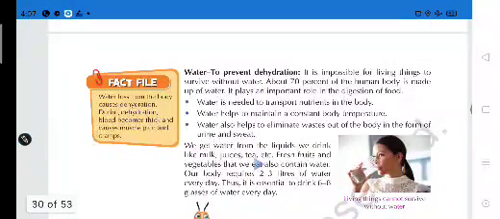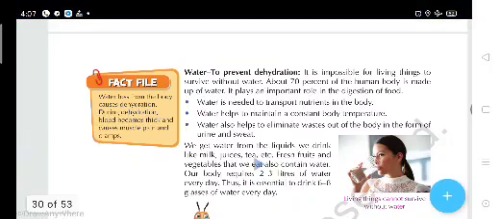Now the fact 5: water loss from the body causes dehydration, and during dehydration blood becomes thick and causes muscle pain and cramps.